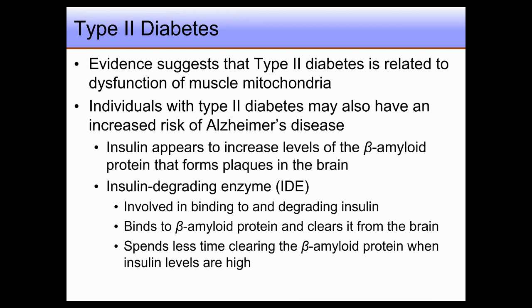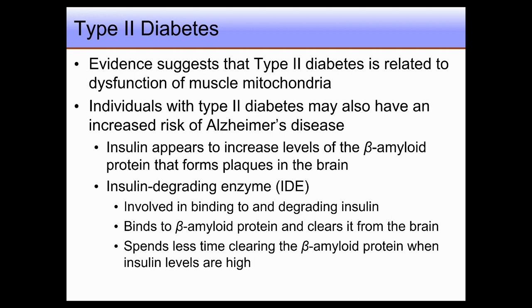Okay. I won't go into this particular slide. We don't have time to do that, but certainly there is significant research on type 2 diabetes and what is the exact mechanism that causes it. A lot is still, after all these years, unknown about that process.